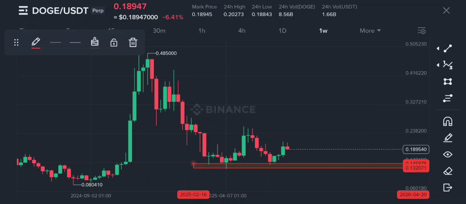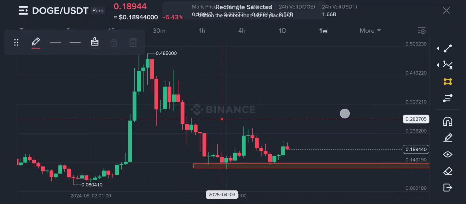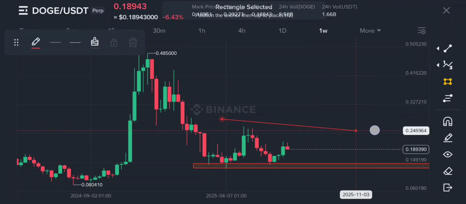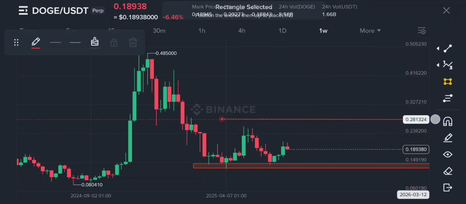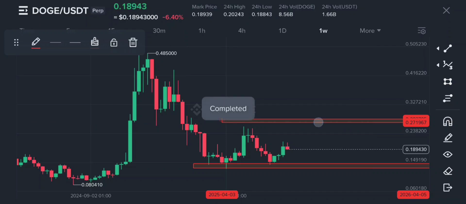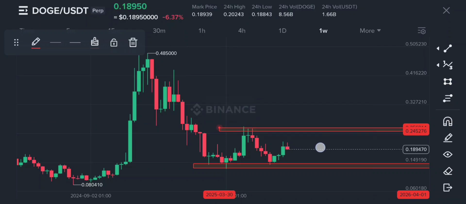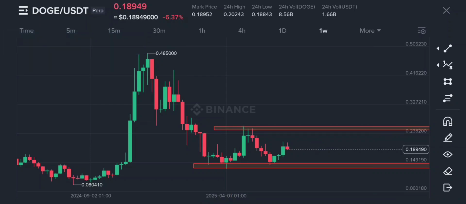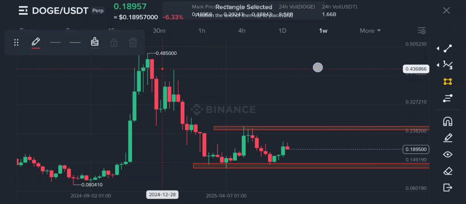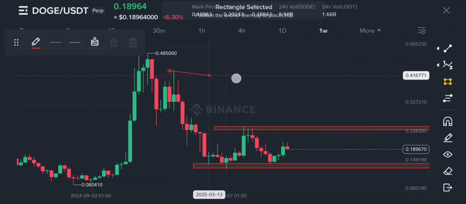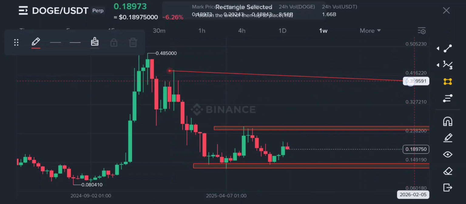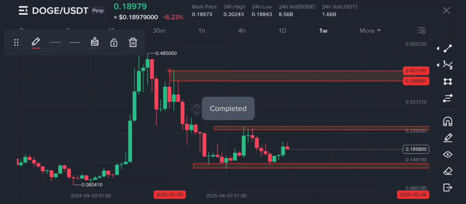Then for a weak point of interest, I use this purple color. So this is my point of interest for Doge.